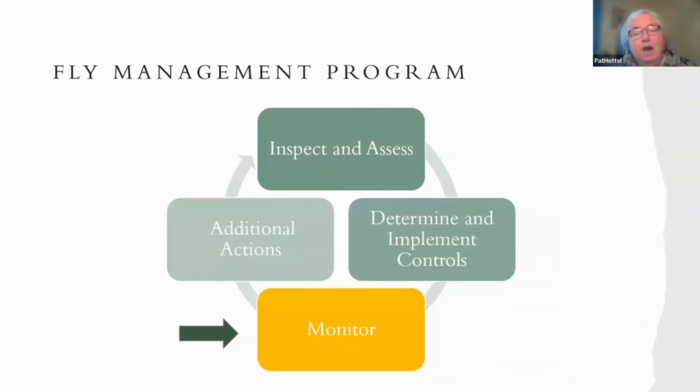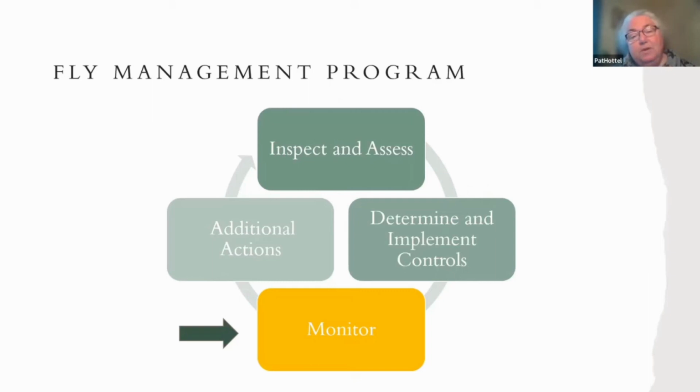As far as a fly management program, we're going to start with inspection and assessment to determine where the flies are coming from, the potential sources, and if they're coming from the exterior, what the avenues for fly entry might be.